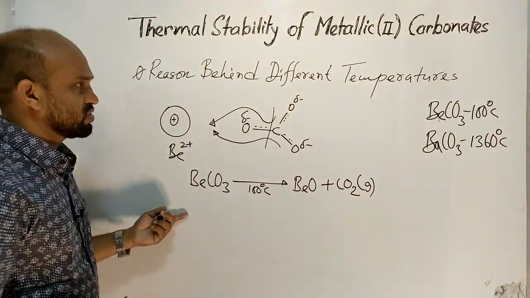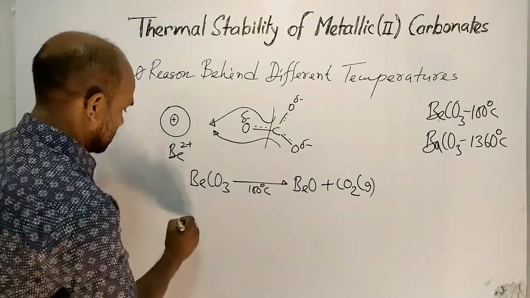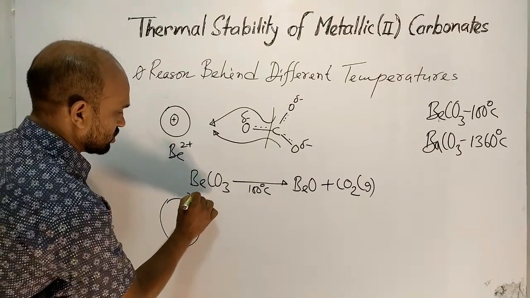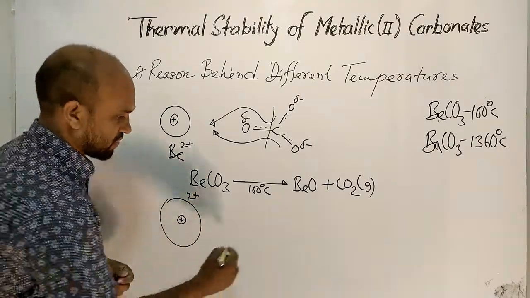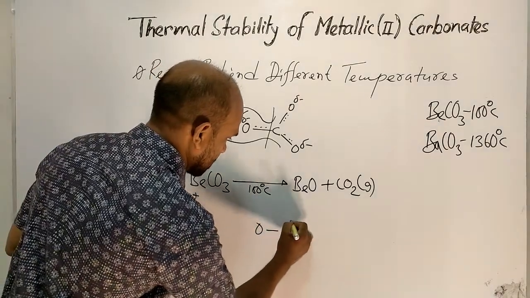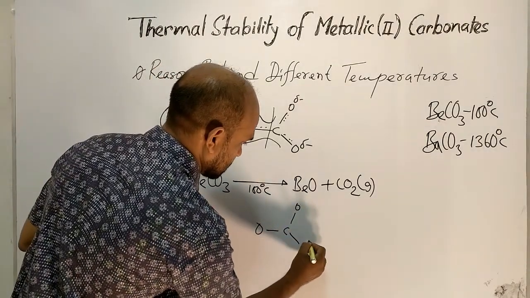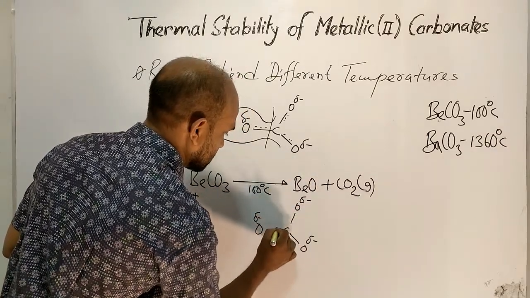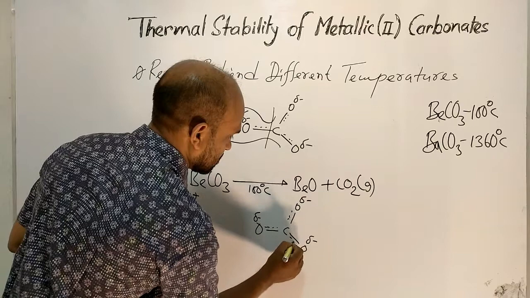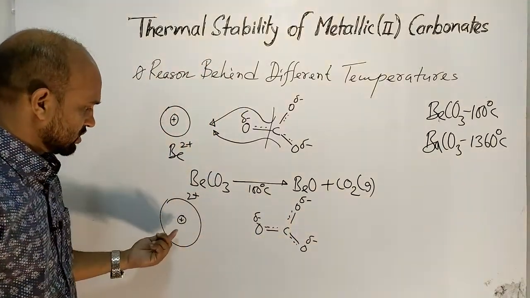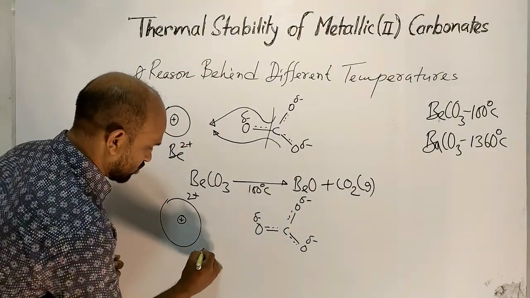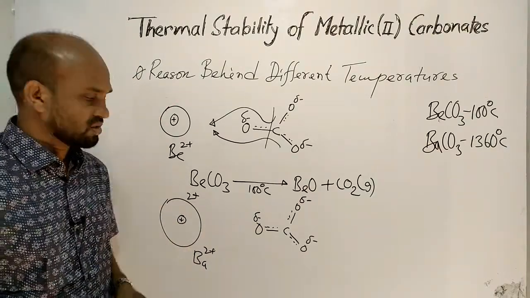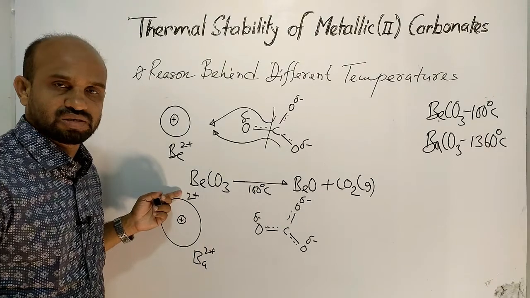But in case of barium carbonate, barium which is bigger in size with 2+ charge, and this is carbonate ion, this is partially minus charge, partially double bond, partially double bond. This is barium 2 plus. Barium 2 plus is bigger in size with 2 plus charge.